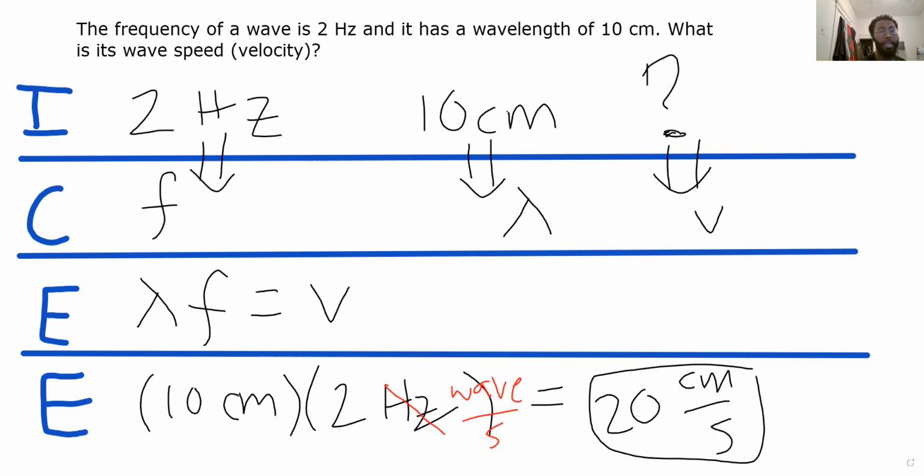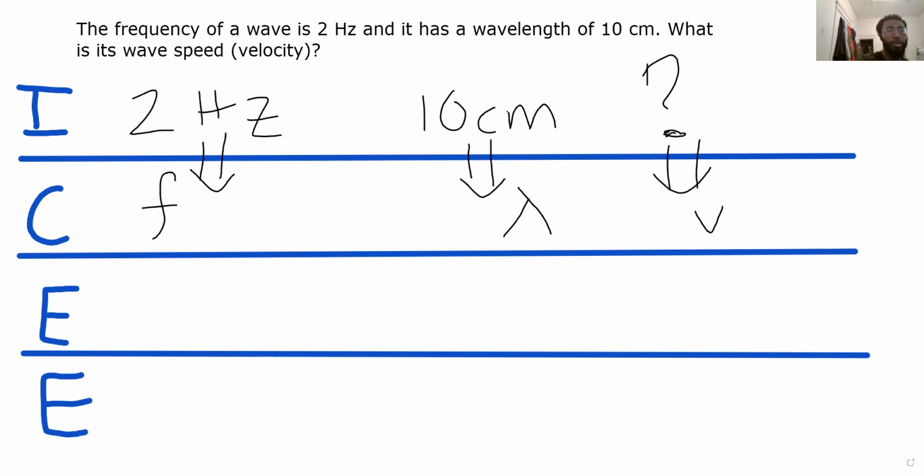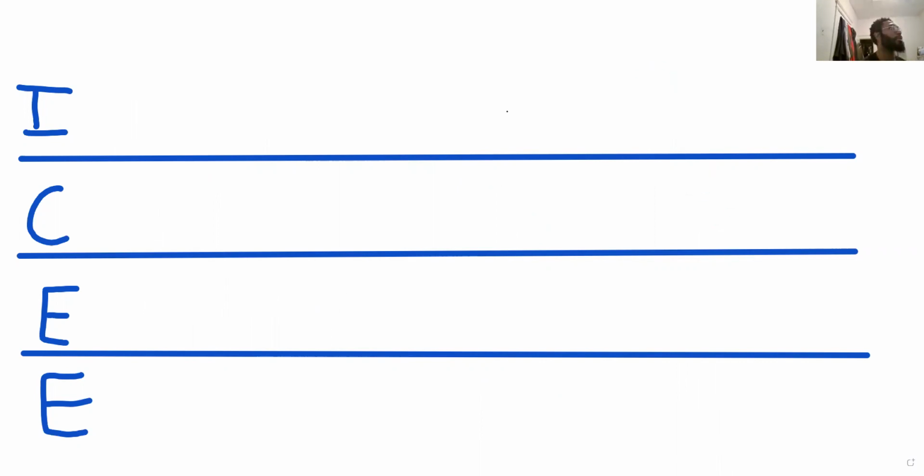So we're going to go ahead and erase this and go through another problem, just a different variation, where we are solving for wavelength, and then we're going to do one where we solve for frequency. Okay. Let's erase the question.